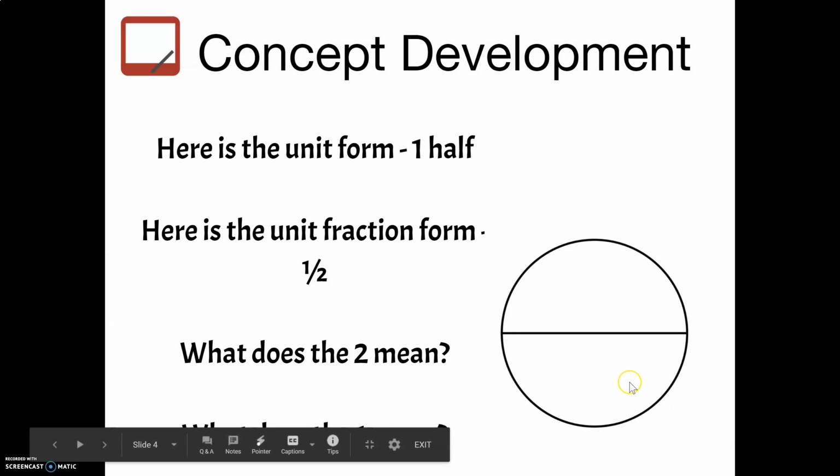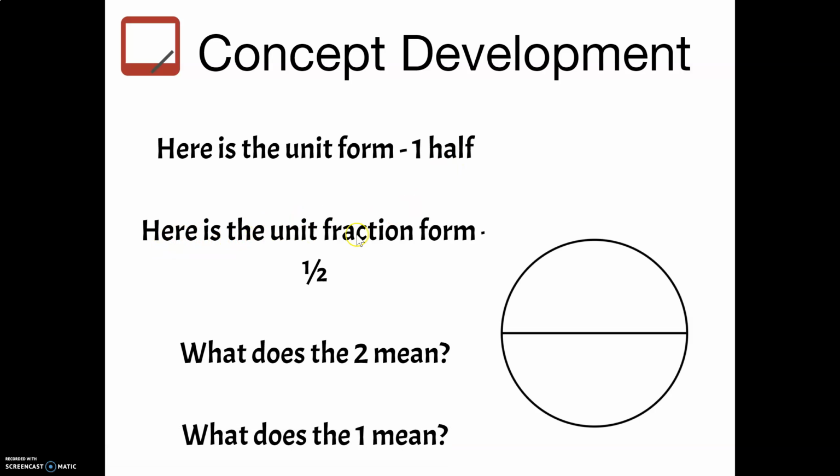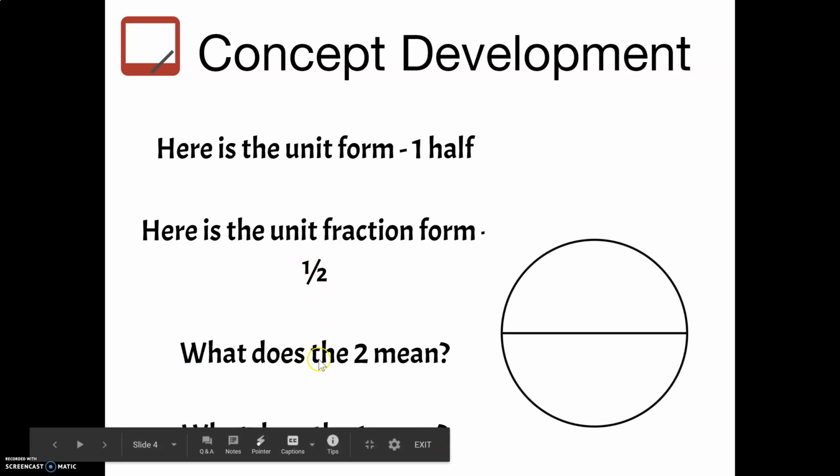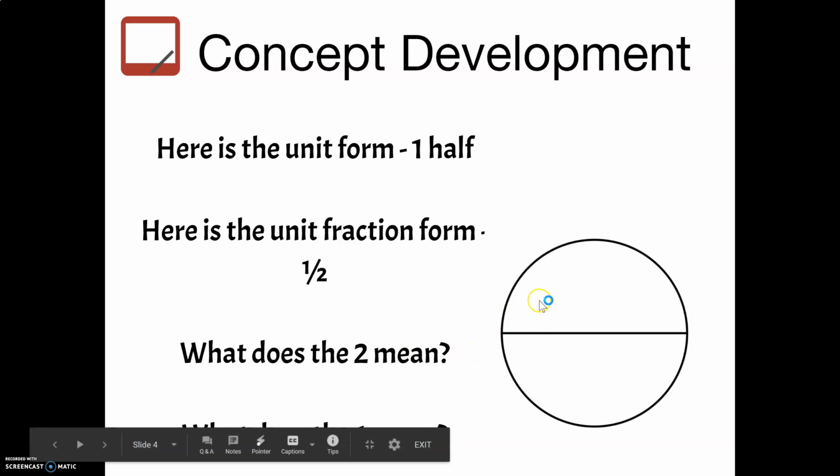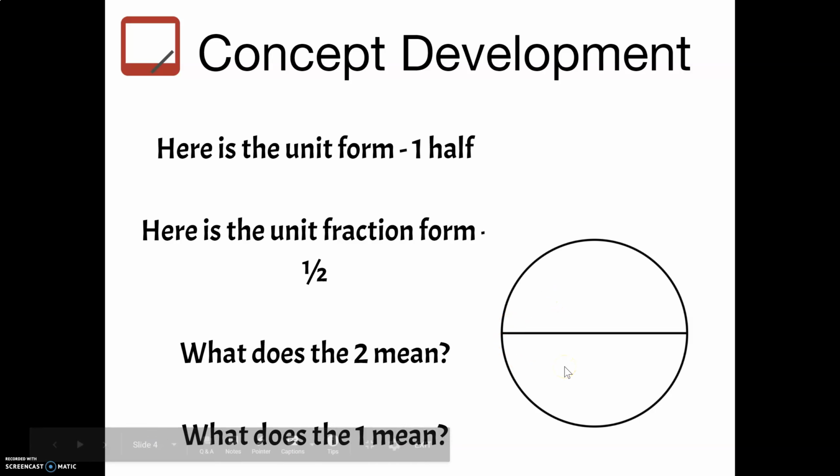So to review, we can write the unit form for this model here as one half. We can also write the unit fraction form as 1/2. What does the 2 mean? Did you say equal parts because there are 2 equal parts?